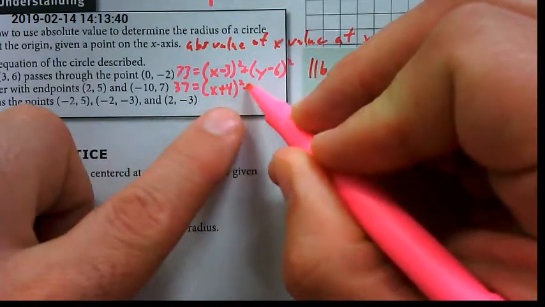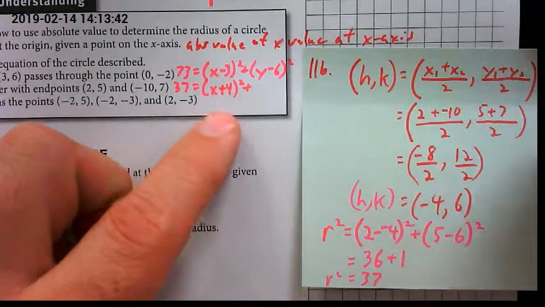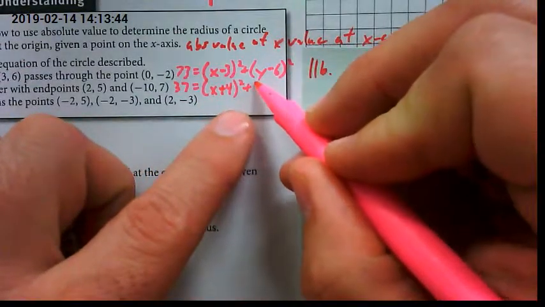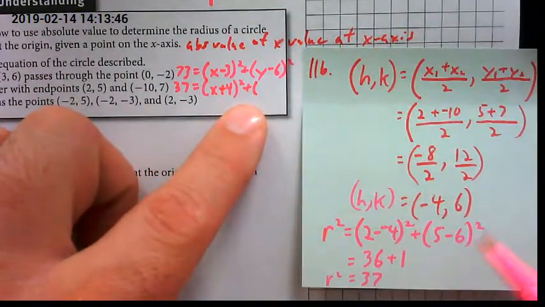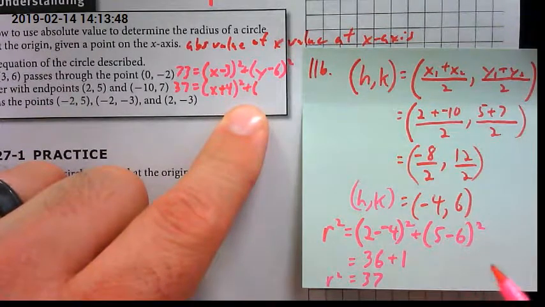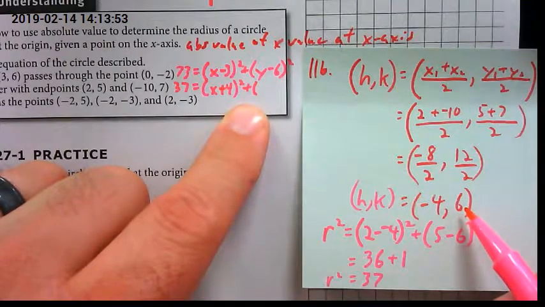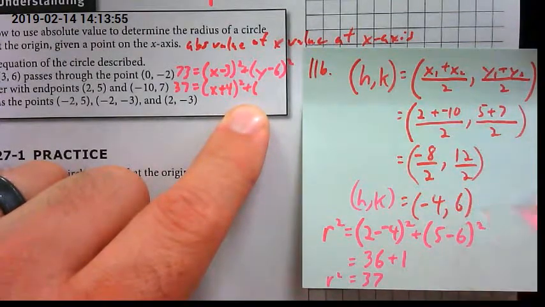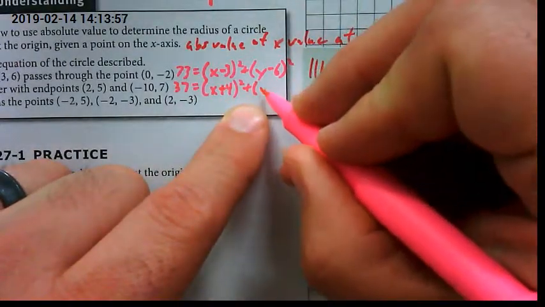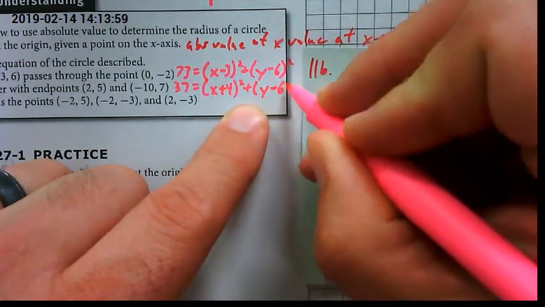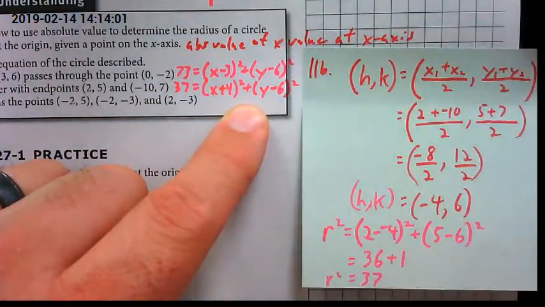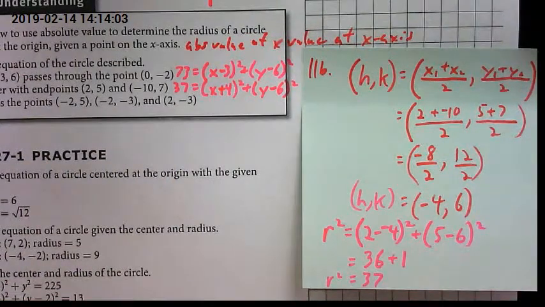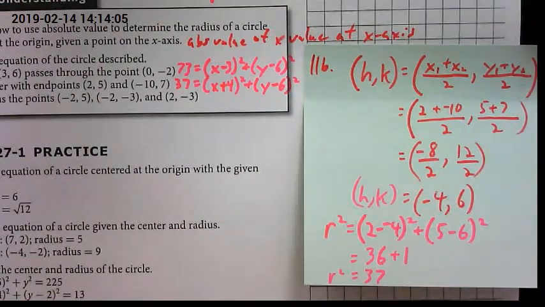So keep in mind, as you plug into this formula, there's a negative in front of the h and k, so it's always going to reverse. For the y value, you plug in the 6 for your k. So you have y minus 6 squared. And that would be our equation.